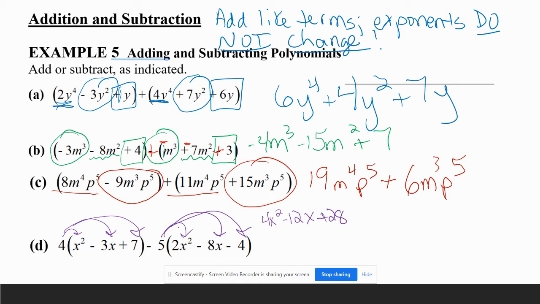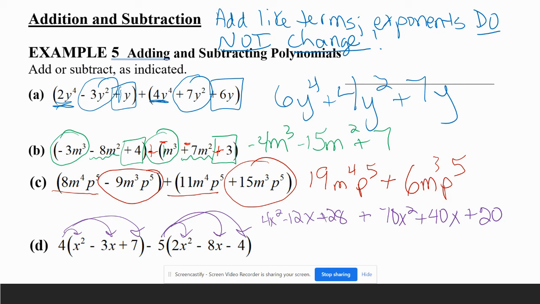We're going to take the negative with the 5. So we're adding negative 5 times 2x squared is negative 10x squared. Negative 5 times negative 8x is positive 40x. And negative 5 times negative 4 is positive 20.